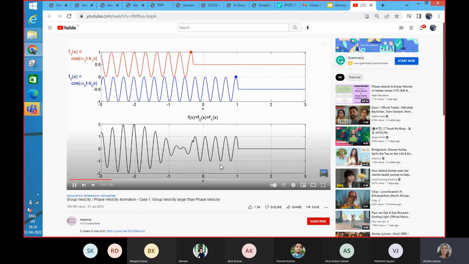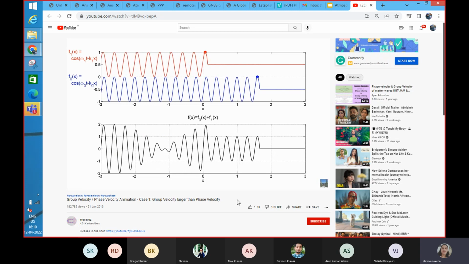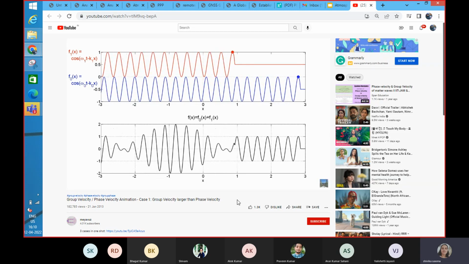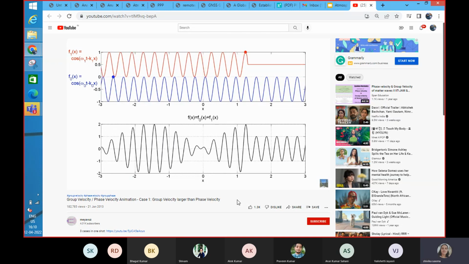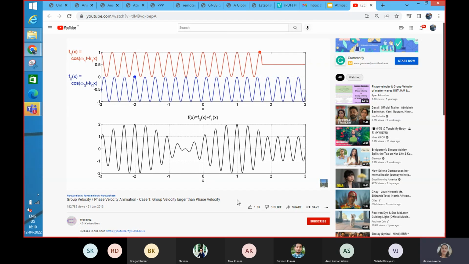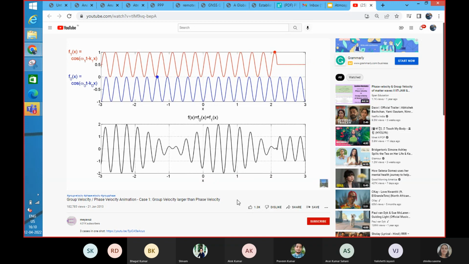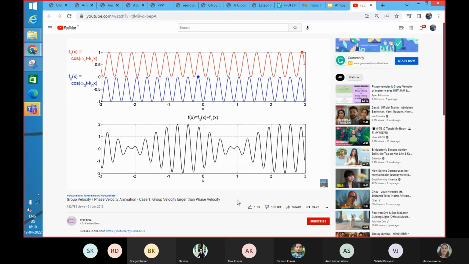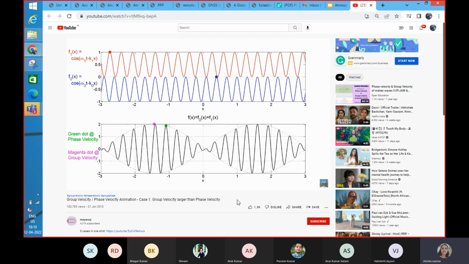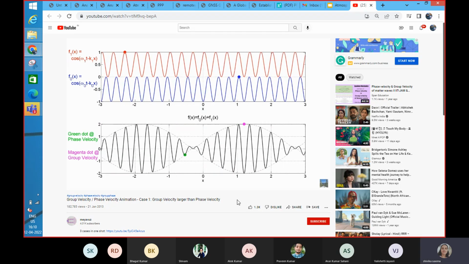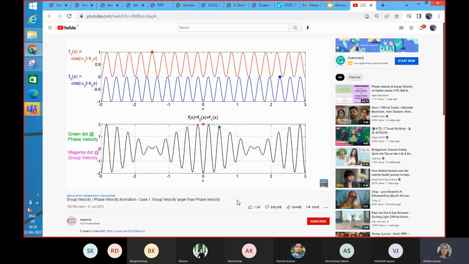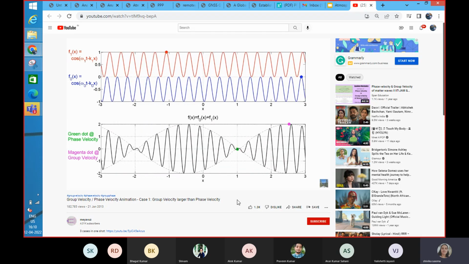This beat is represented by the carrier or the phase velocity. The green dot is the phase velocity, and the pink or magenta dot represents the group velocity.